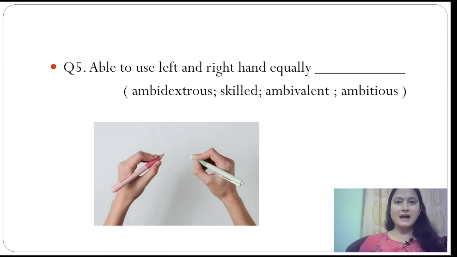Ambi, like AMBI, AMPHI, is a word which means both. So ambi means both. So a person who is skilled in using both hands equally will be ambidextrous. Okay. And if I say ambivalent, it means a person who has both kinds of feelings.